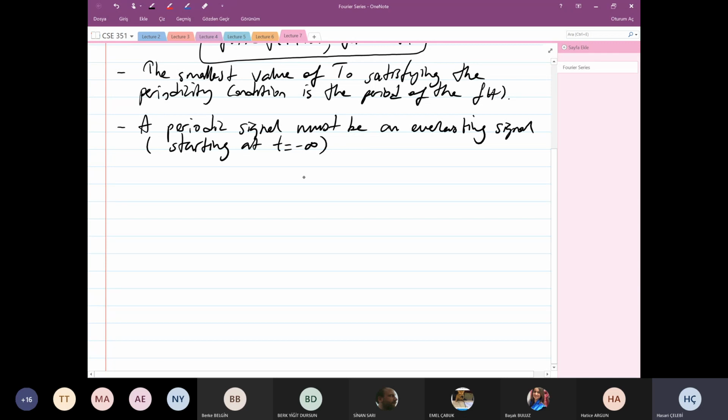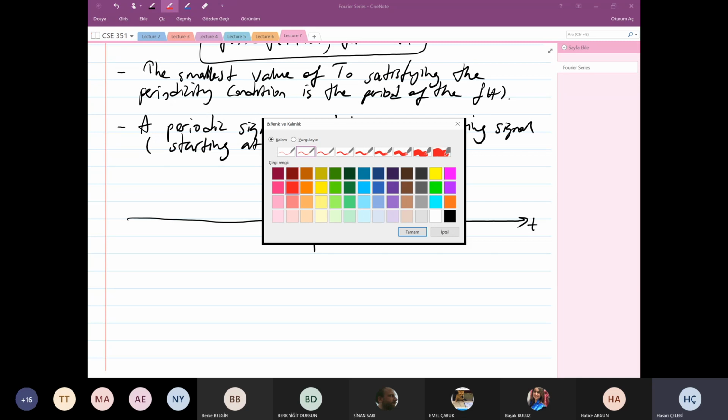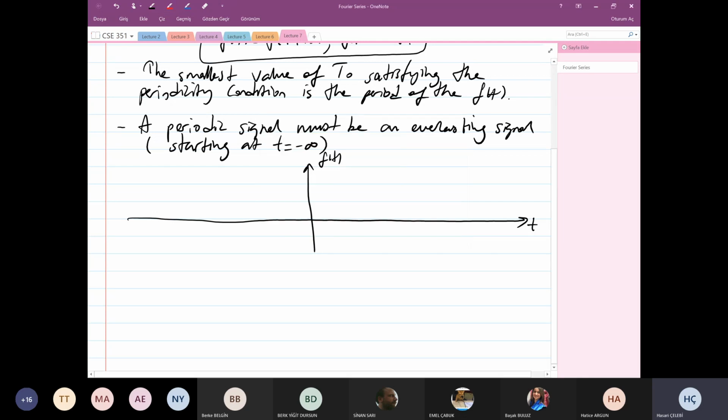Let's give an example. Visually, this is a periodic signal. Let's call it f of t.